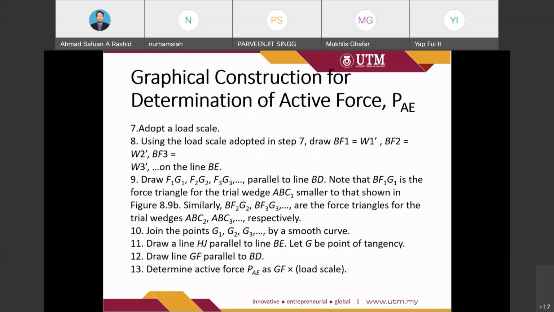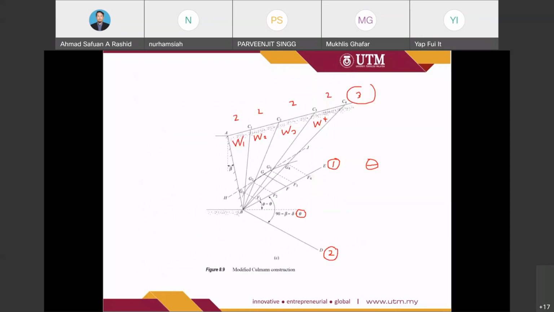So the seventh step is to adopt a load scale. So what does it mean? Once we identify what W1 is, for example, we identify that the value is around 2000 kilonewton.